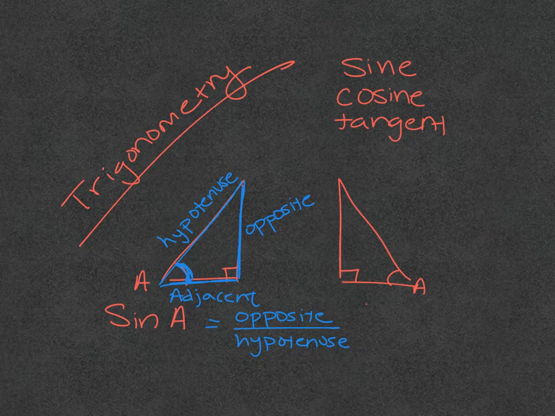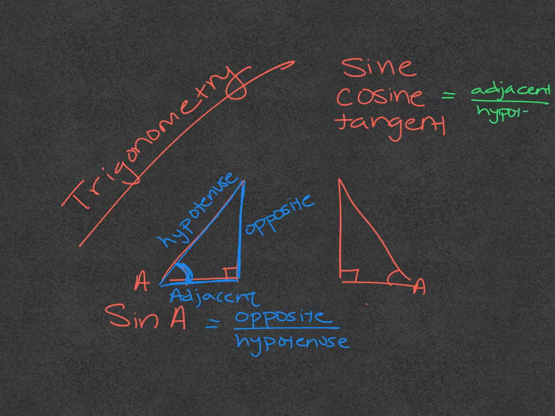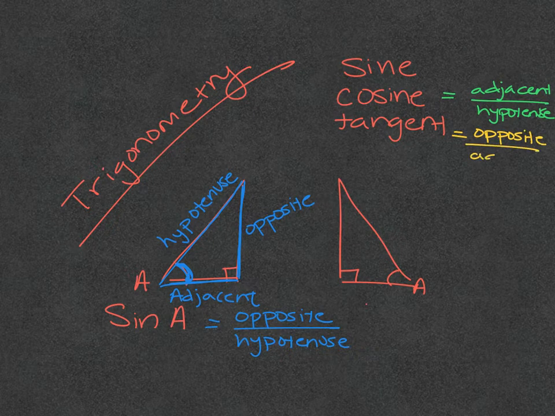Then we have cosine, which is the adjacent side divided by the hypotenuse. And again, any right triangle that has reference angle A will have the same ratio of adjacent side to hypotenuse side. And then we have tangent, which is opposite side over adjacent side.